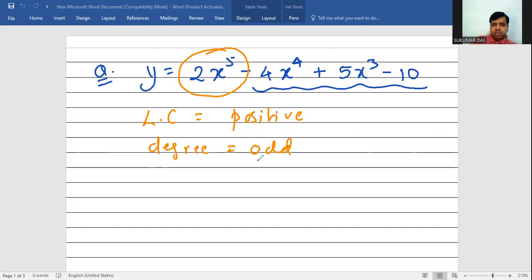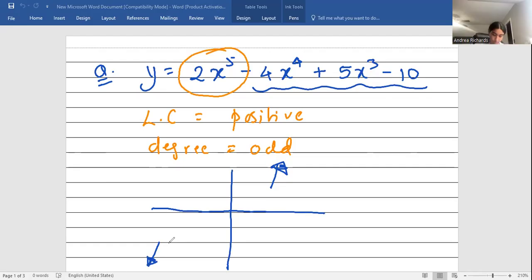So if it is positive and the degree is odd, our end behavior will be somewhere like this. It will go like this. Something like this. Okay. So this particular information we will use to draw the graph of our polynomial functions.